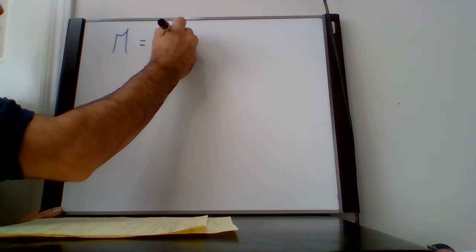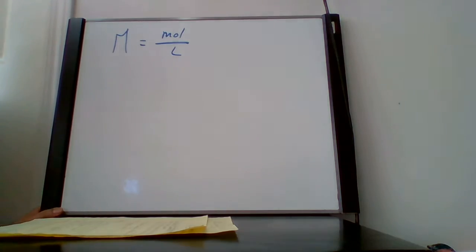Now, one thing I want to talk about before we get into these is going to help us out a little bit with these calculations. If we are talking about molarity, we know this as being moles per liter. But when we're dealing with a lot of these calculations for titrations, we're dealing with milliliters.